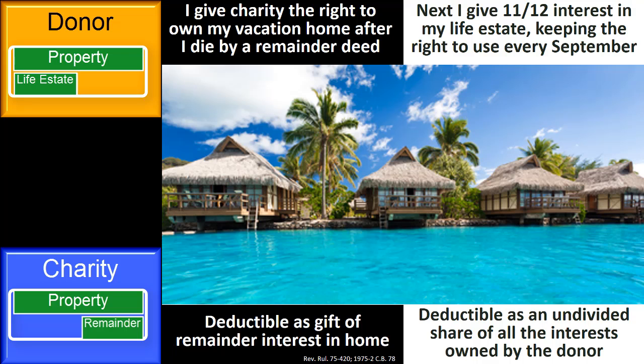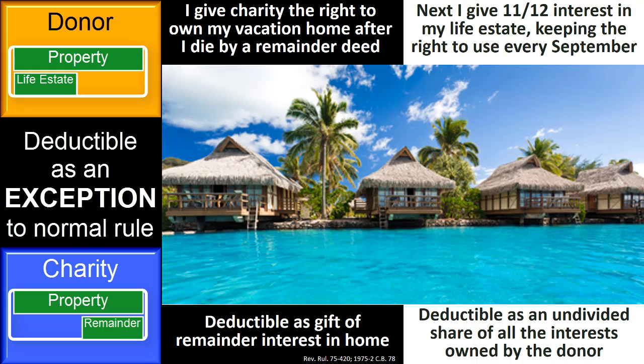Although dealt with in a separate series of lectures, remainder interest gifts in a personal residence with the retained life estate are deductible as a specific exception to the general rule against deductions of partial interest gifts, where the donor retains different types of interests.